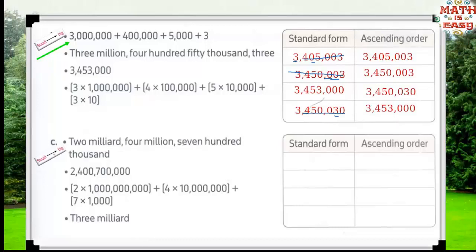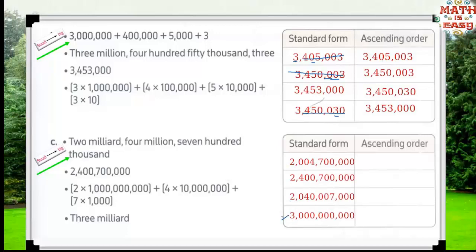Second one, C, 2 million. Write all numbers in standard form. 2 million, and we will search for the smallest number. 2,400,700,000. Next number in standard form. Third number 2,040,007,000. Last number 3 million. If we see here, all numbers have 4 periods and 2, 2, 2 in the millions place, and here we have 3.